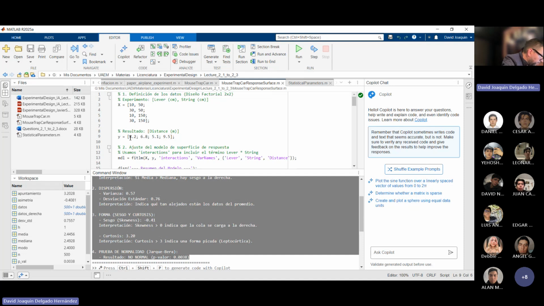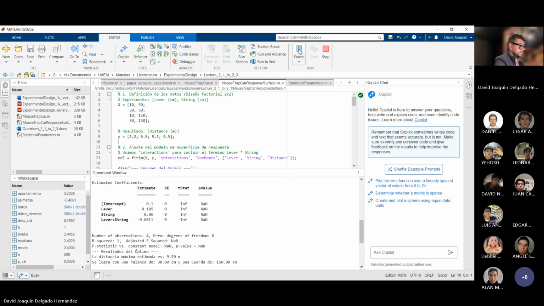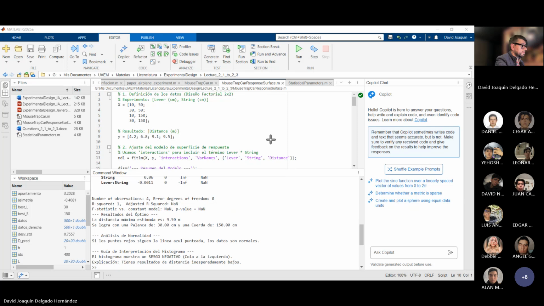It is from the table: 4.2, 6.8, 9.1, and 9.5. Okay, so let me run this. And I am going to share the result.